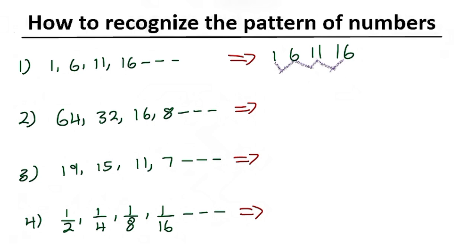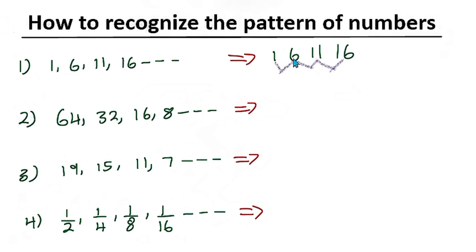If the numbers are increasing, it means that a term is being added or multiplied, right? For example, we have this sequence: 1, 6, 11, 16. Let's find the pattern. We need to work from one term to another.